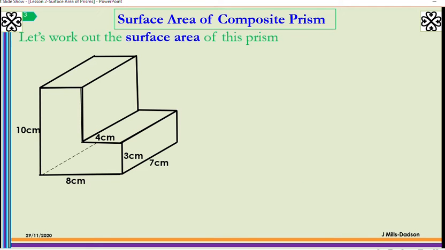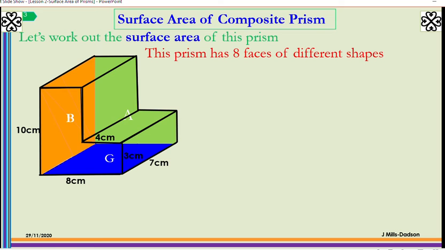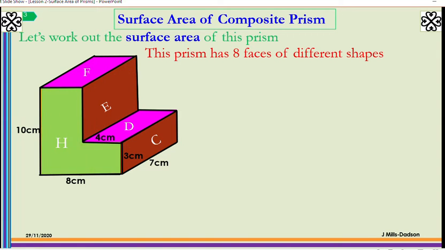Now let's look at the composite shape, the L-shaped prism. First, let's identify the faces. Can you guess the number of faces? There are 8 of them. Let's check. 1, 2, 3, 4, 5, 6, 7, and 8.